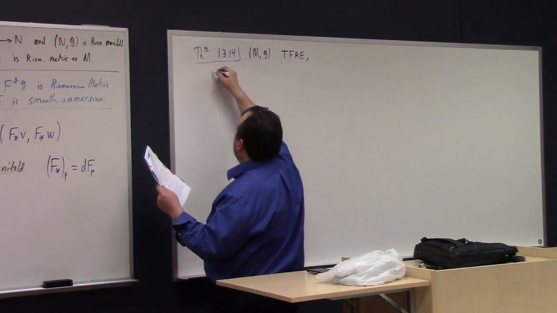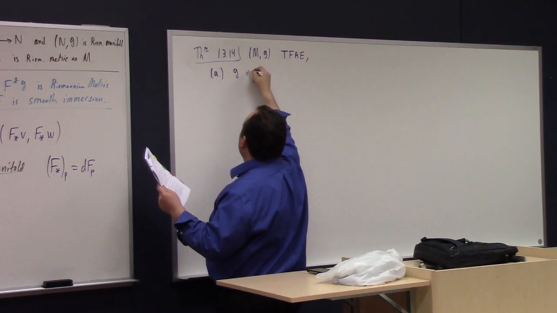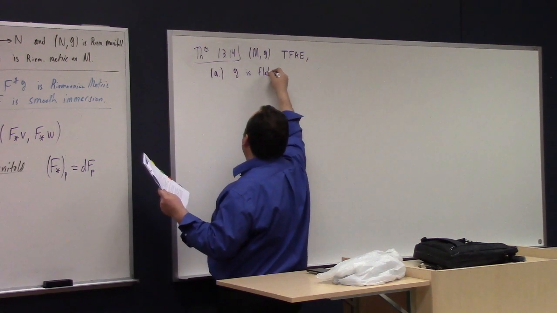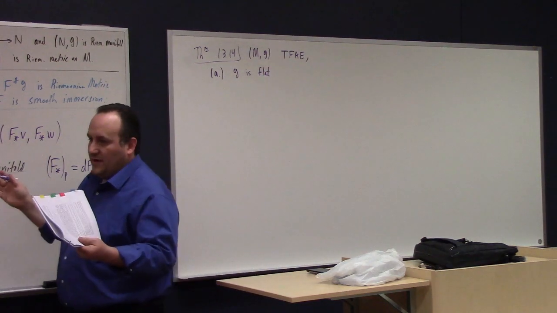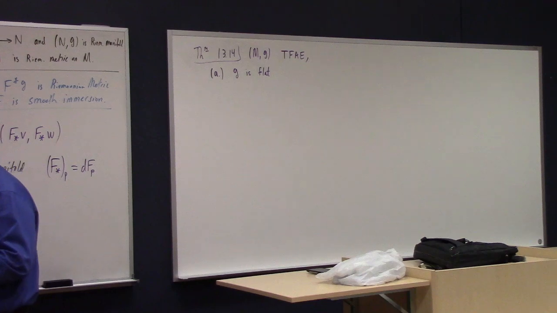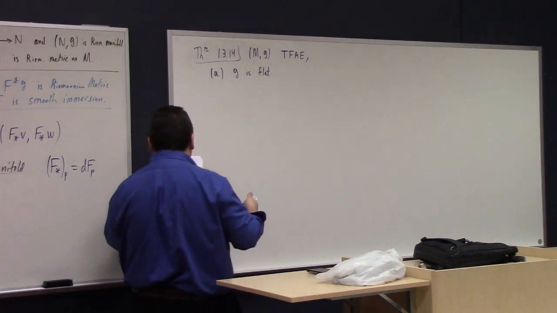These are kind of happenstance. Well, the first one's the definition. So there you go, G is flat. And by the way, we can refer to the pair M, G, or we could just refer to G. Oftentimes we just refer to G. Okay, so G is flat. It's a flat metric, as you could say.